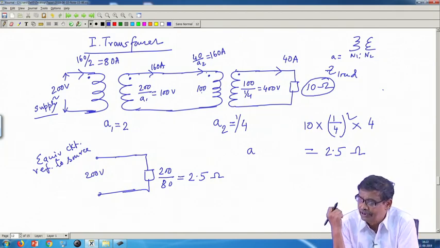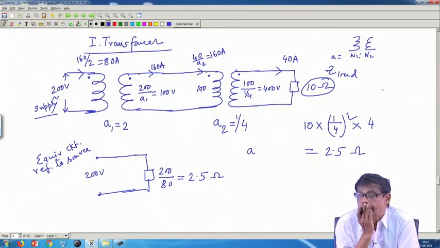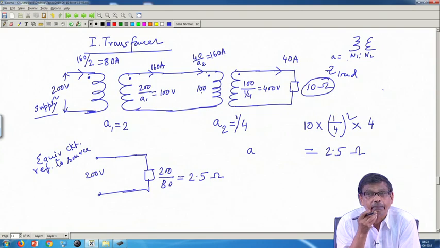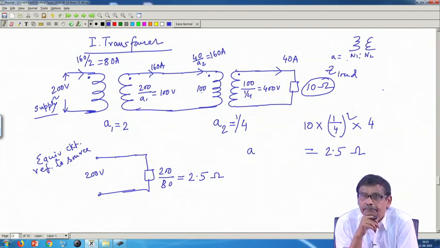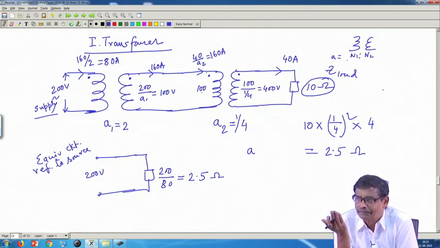But what I am telling you, calculate this A turns ratio. You should always remember current on the LV side will be higher. Voltage on the LV side will be lower.